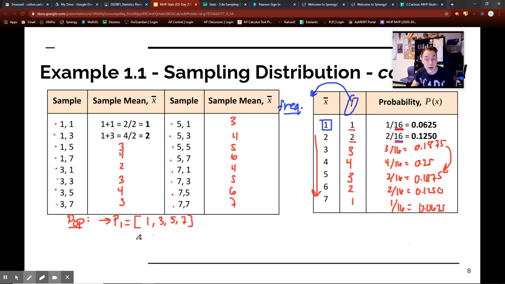Okay, that was my population. They told me a couple things. Ready? They told me my population mean was 4. They told me my variance, sigma squared, is 5. And they also said my standard deviation, my just regular sigma, was 2.24. Okay, that's what they said. They gave that to us.